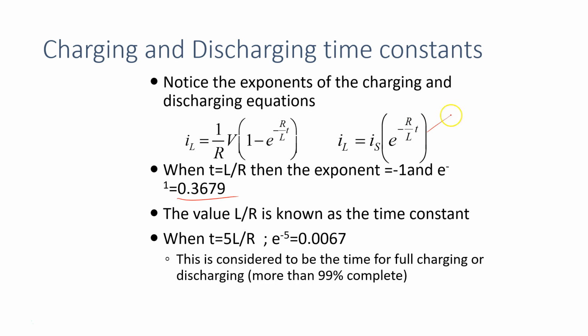So if it is discharging at t equal to L on R seconds, it will be about 37% charged, and if it was charging, it would be about 63%. And again, 5 time constants is what you look at for full charging or full discharging.